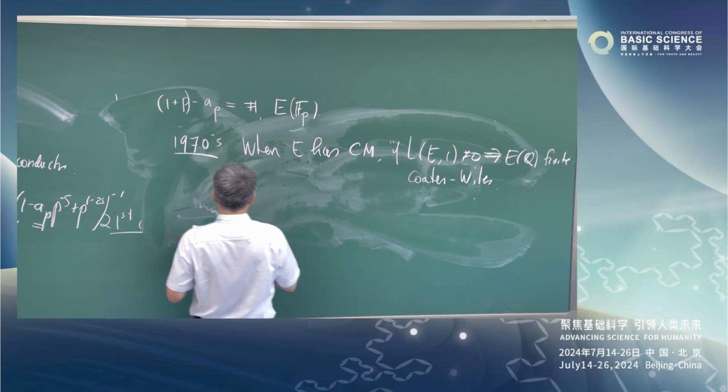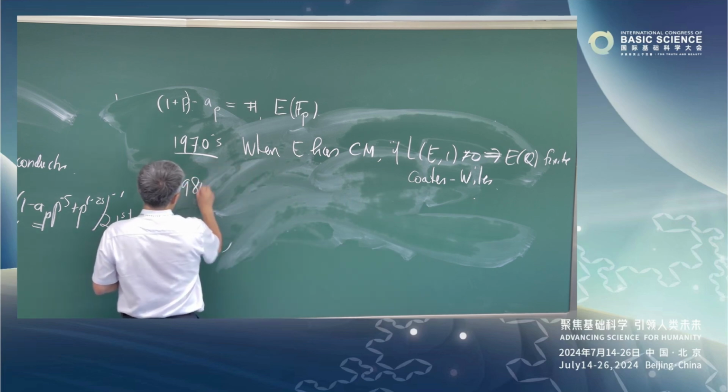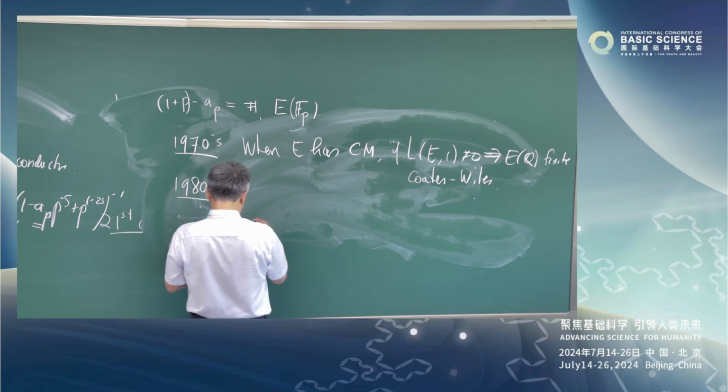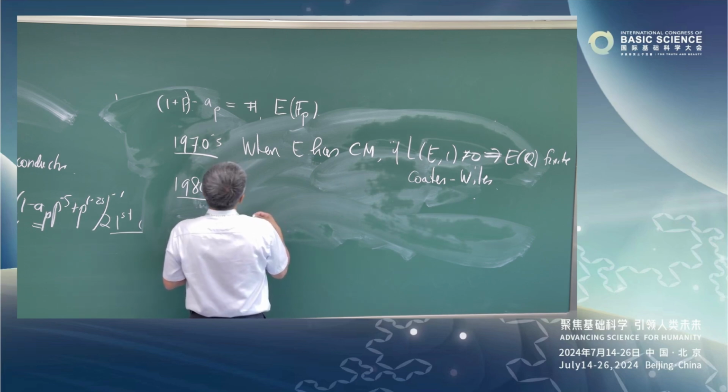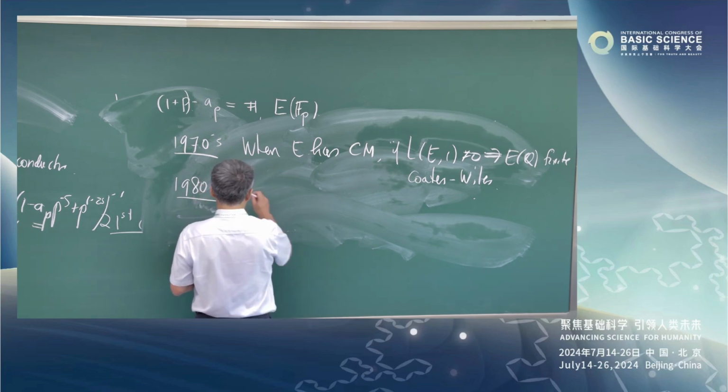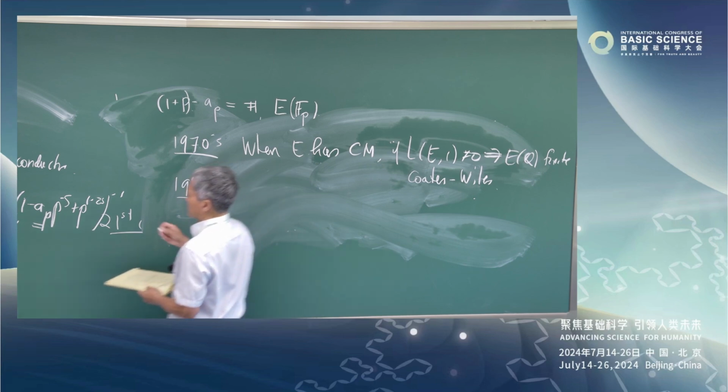Then there is the Gross-Zagier formula. So if the conjecture is true, basically this is a weak form.